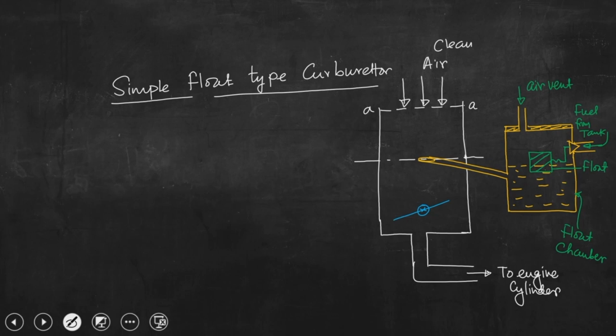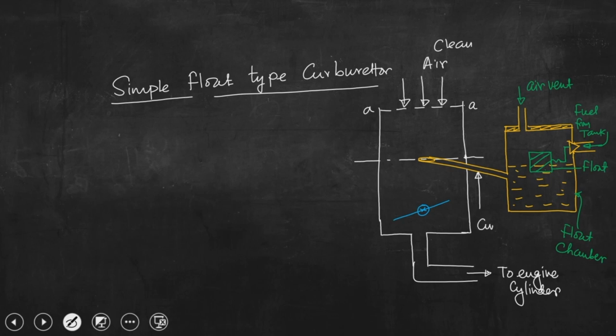we also need to have simultaneous flow of fuel from the float chamber into this particular pathway through this particular system, and that is known as an orifice.